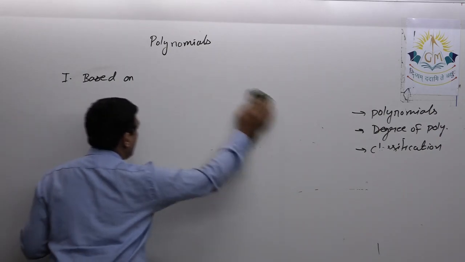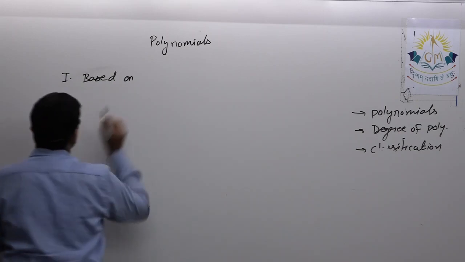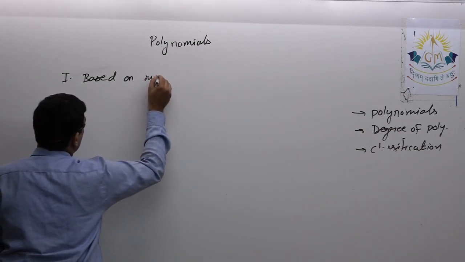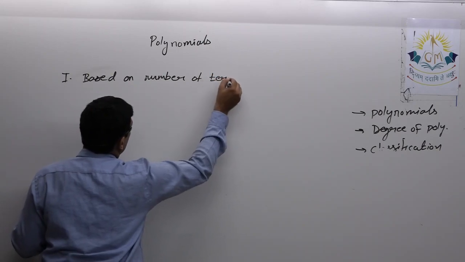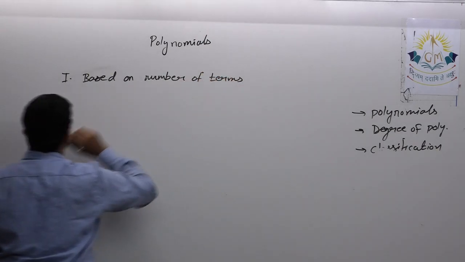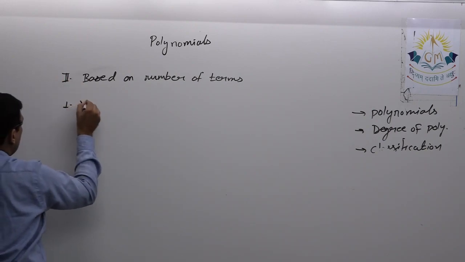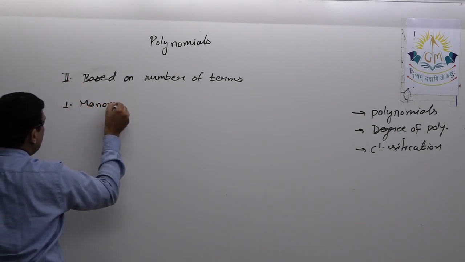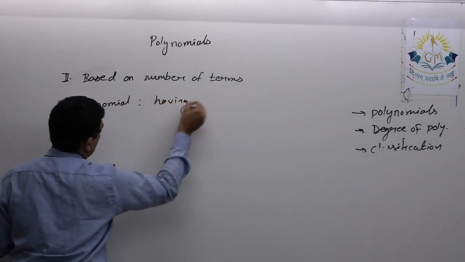Now the next classification, in short, we will see is based on the number of terms. So it's very easy. The first is monomial, having one term.